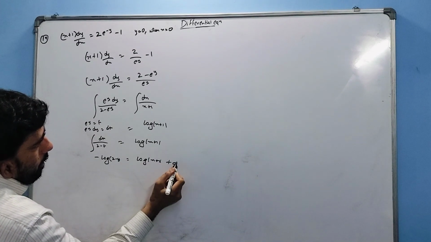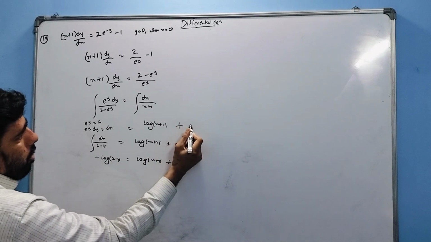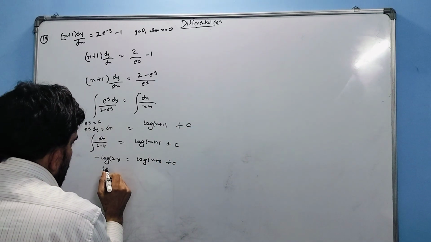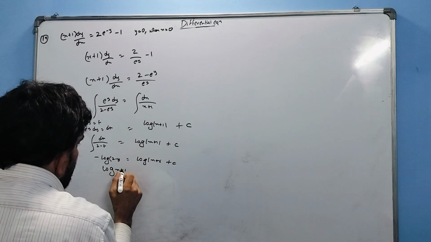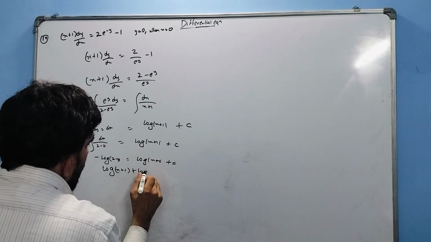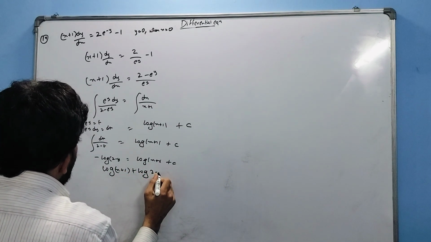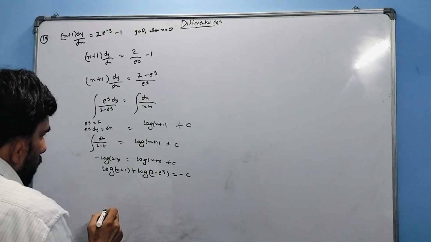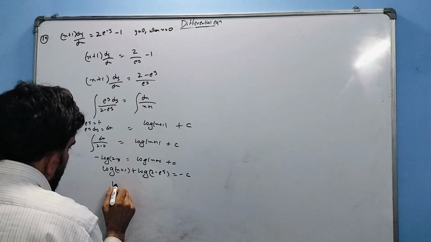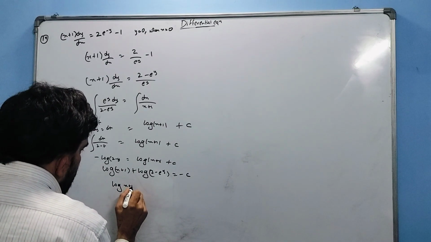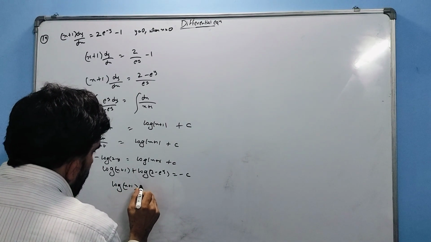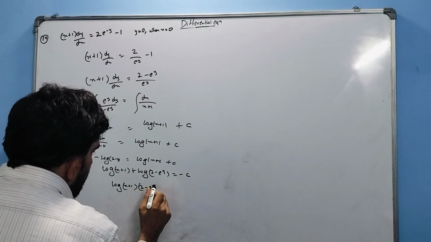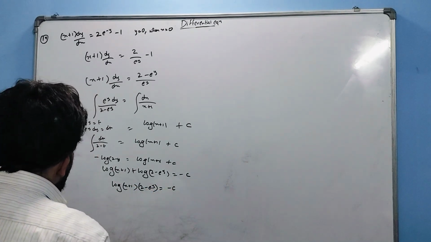Okay, so now we can take log of x plus 1 plus log of, put t value e raised power y, 2 minus e raised power y is equal to minus c. Okay, so log a plus log b is log ab, x plus 1 into 2 minus e raised power y, we have minus c. Okay, so now we'll try to solve it.